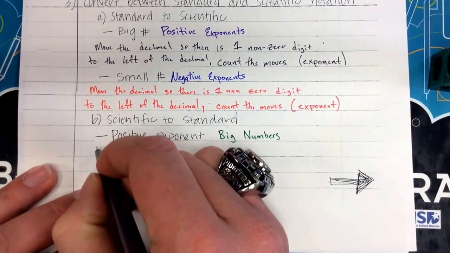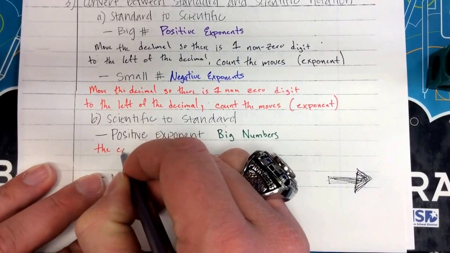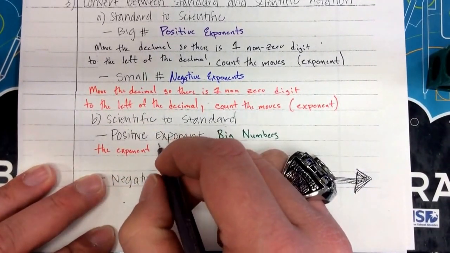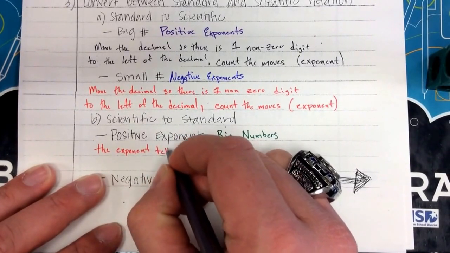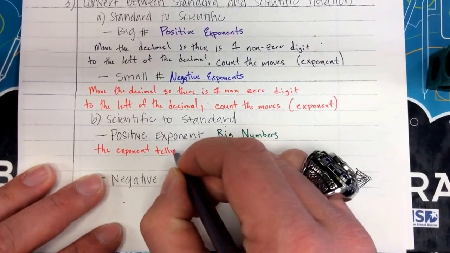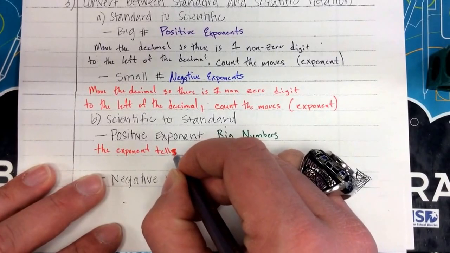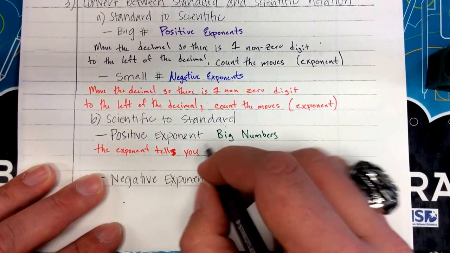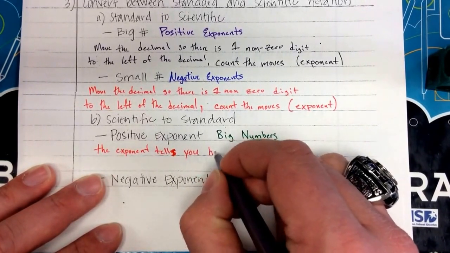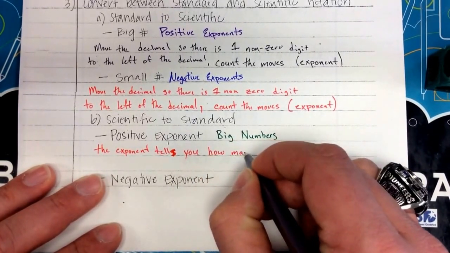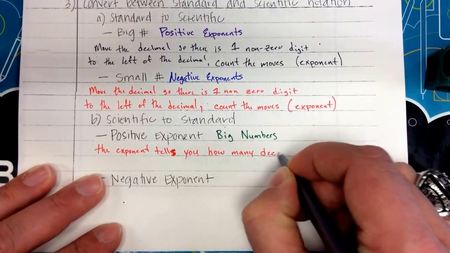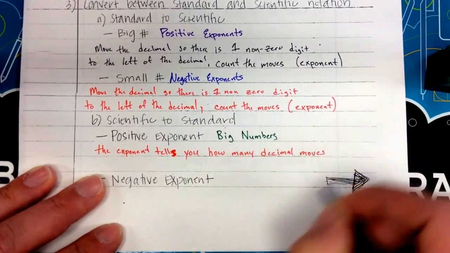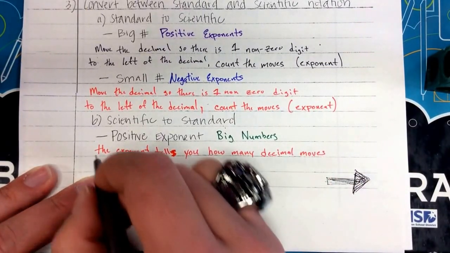So the exponent tells you how many decimal moves to make.